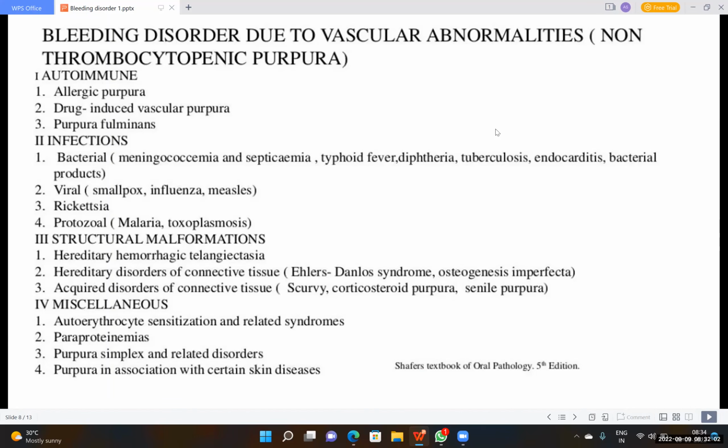Malaria, toxoplasmosis. Structurally, hereditary hemorrhagic telangiectasia can be there. Hereditary disorders like Ehlers-Danlos syndromes and osteogenesis imperfecta can be there. Acquired connective tissue disorders include scurvy, corticosteroid purpura, senile purpura. Other miscellaneous causes include autoerythrocyte sensitization and related syndromes, paraproteinemias, purpura simplex, and purpura in association with other skin diseases.